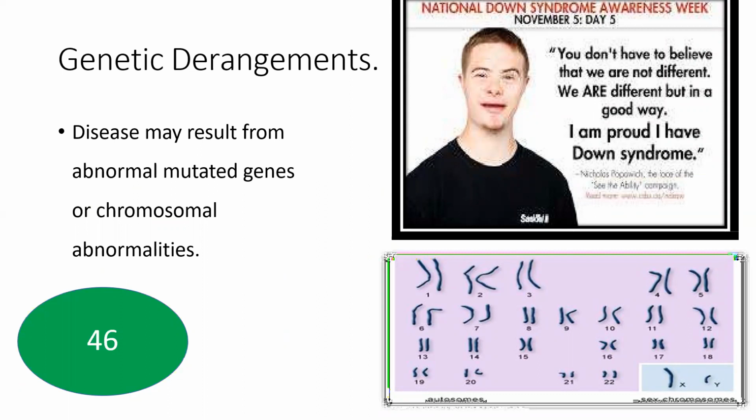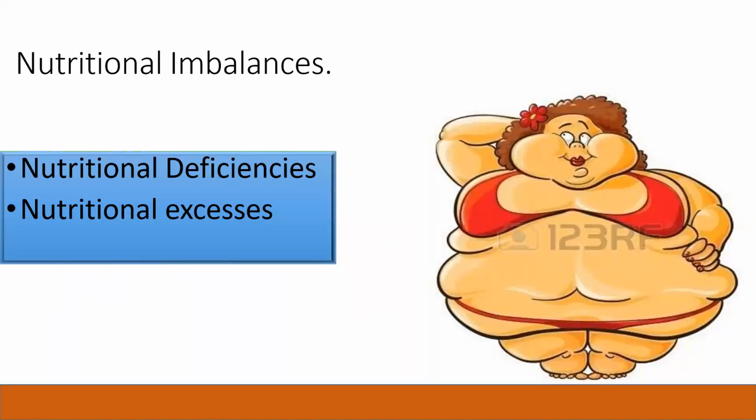The disease may result from abnormal mutated genes or chromosomal abnormalities. And next is nutritional imbalance. Because of nutritional deficiency, or sometimes because of nutritional excess, injury of the cell may occur.